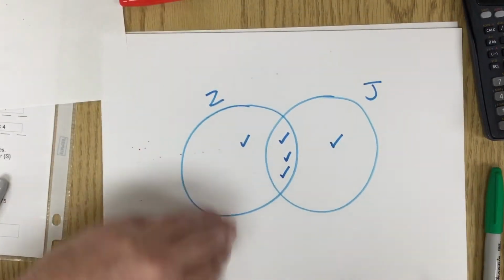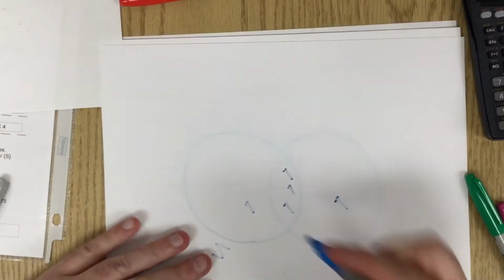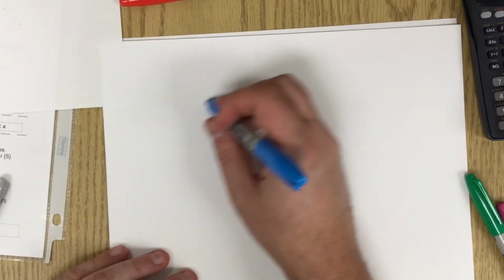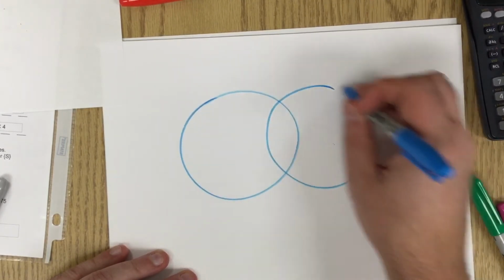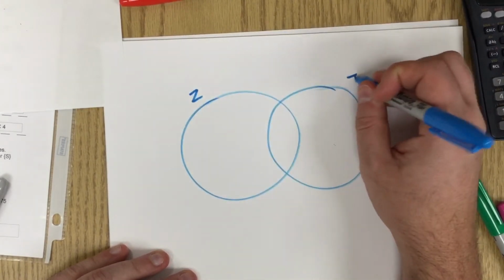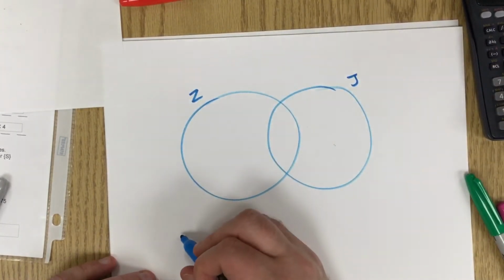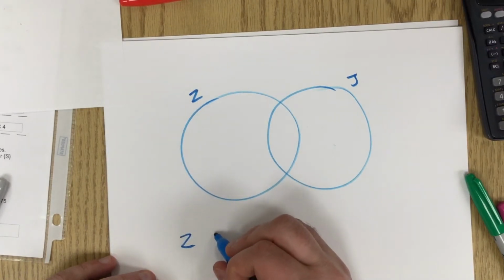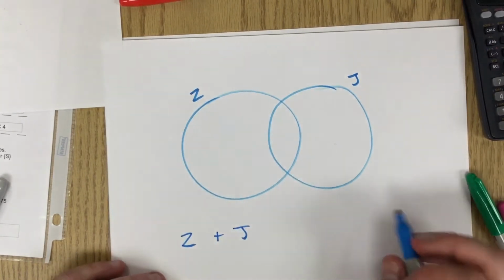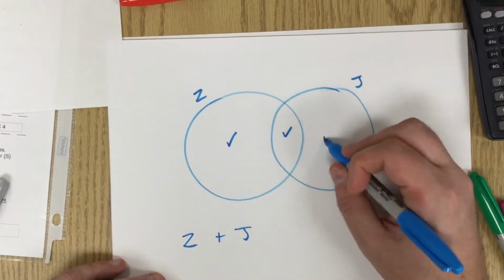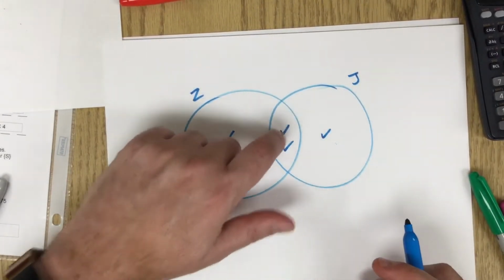What I want to do instead is, so we have the Zach and the Juliet. So what we could do is we could add the Zachs plus the Juliets. But now we've double counted this twice.